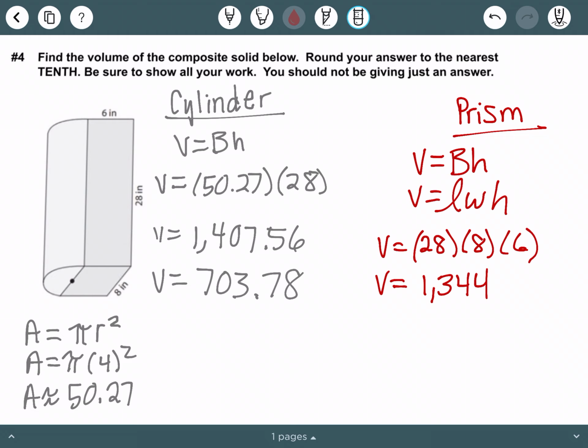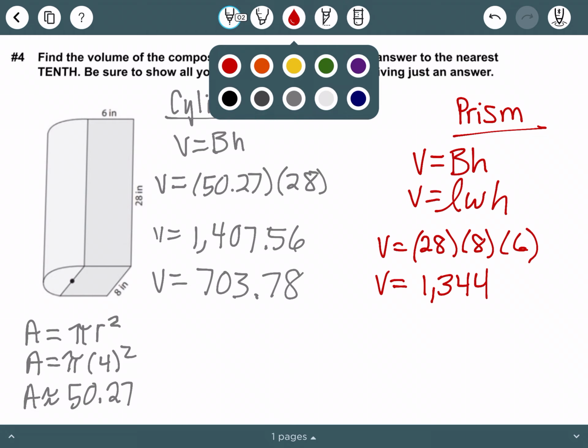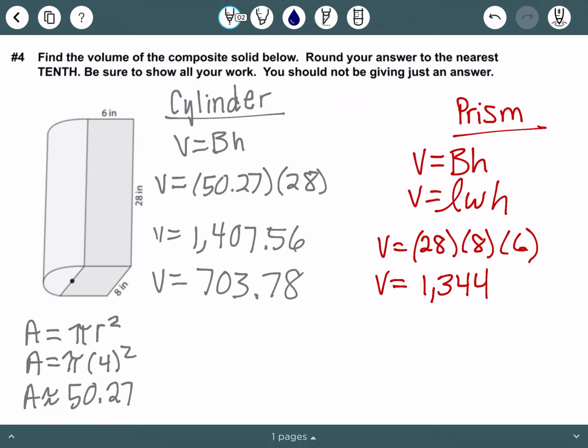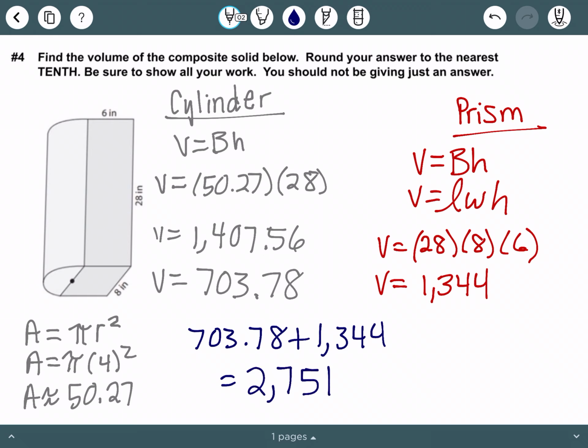So now what we want to do is go ahead and add our two volumes. So we're going to add 703.78 and 1,344. Now, once you put that into the calculator, you should get an answer of 2,751 and 56 hundredths.